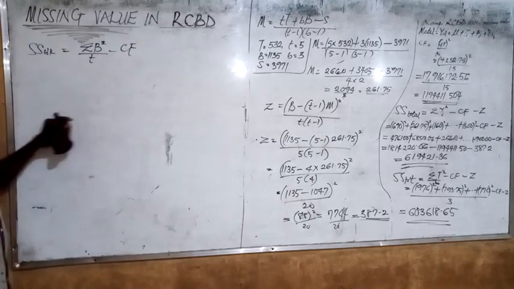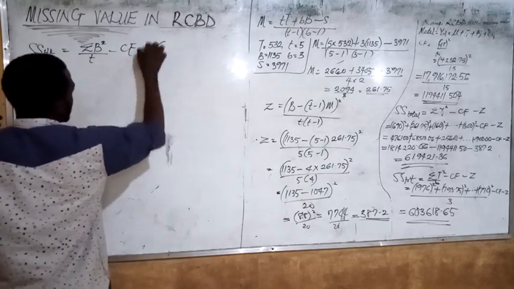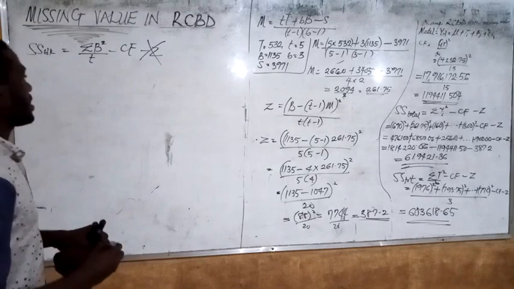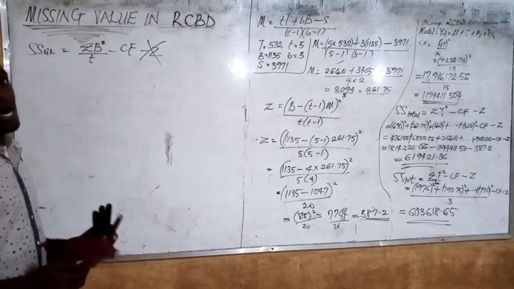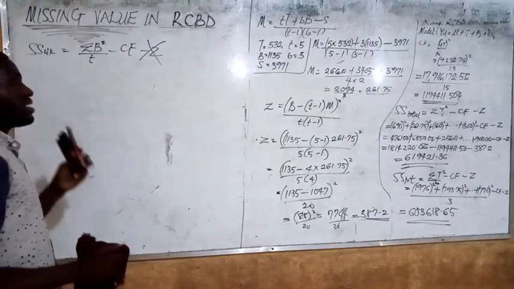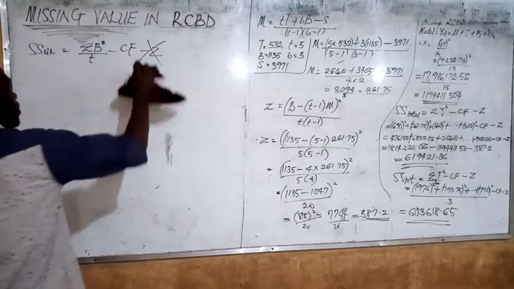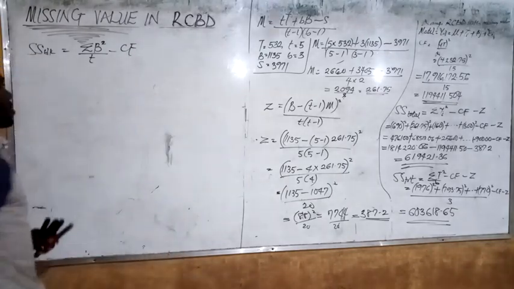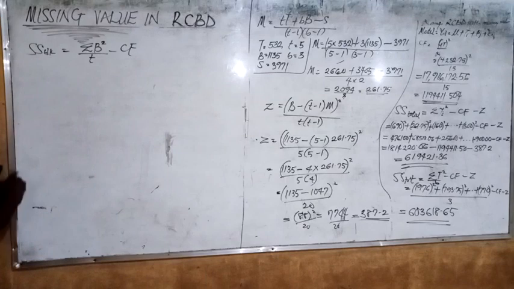Now remember I said we are not going to subtract our CF. Why? Because the blocks are not our focus. So we compute the block normally.